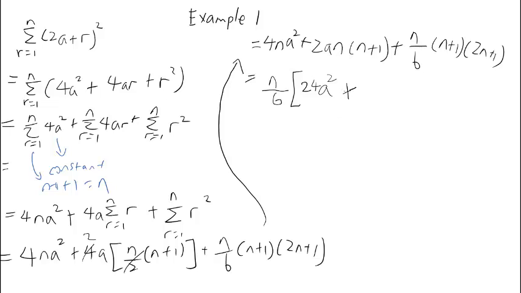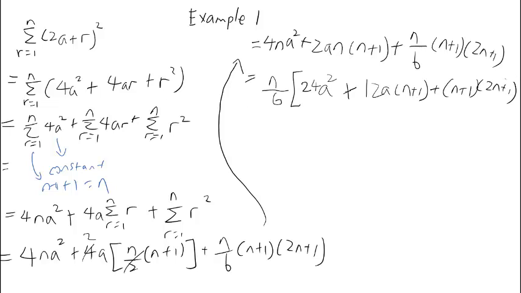For the second one, n is being taken out. If I take out 1 over 6, here we're left with a 12, because 1 over 6 times 12 will give back 2. N is taken out, so you're left with an a here, and here is an n plus 1. Since I take out n over 6, I'm left with these two terms behind: n plus 1 and 2n plus 1.